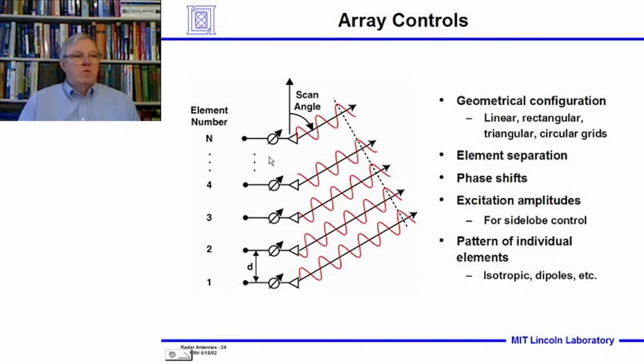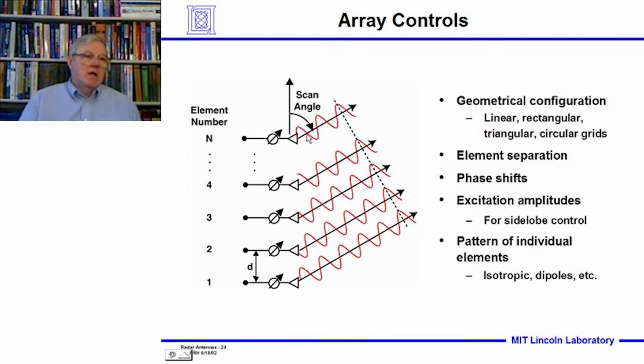And how controlling the phase on the different elements allows us to keep the wavefront constructively appearing. So let's just say we have n elements separated each a distance d from each other, and there's a wavelength lambda involved in here.